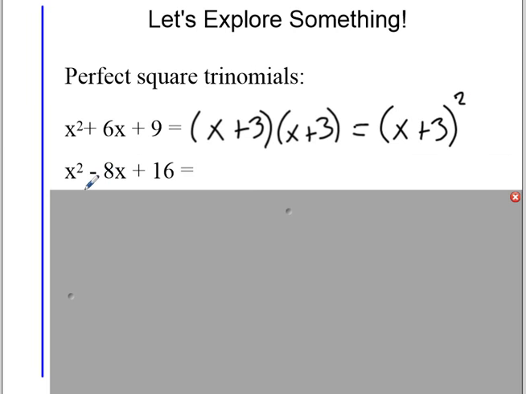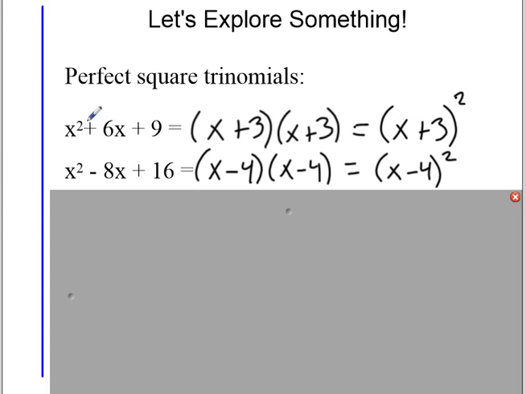We have a negative 8x in this problem and a 16. So that means it comes from x minus 4 and x minus 4. So our perfect square trinomial comes from x minus 4 squared. These are not problems that you will be doing necessarily, but you do need to understand what's so special about these two different trinomials.